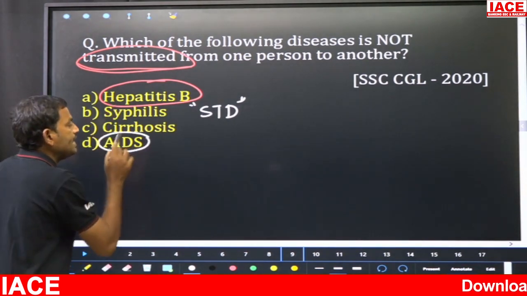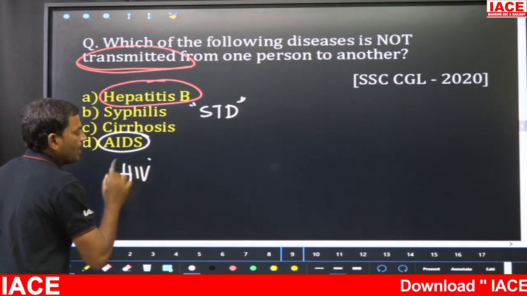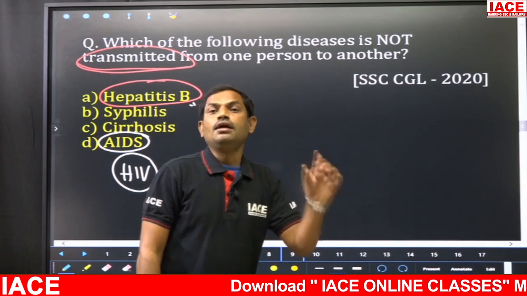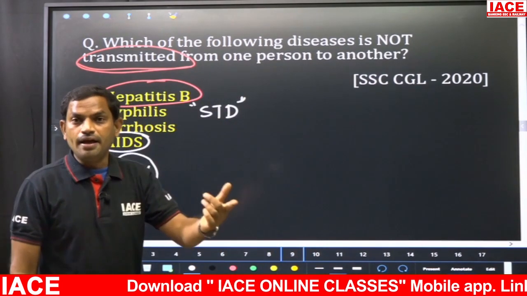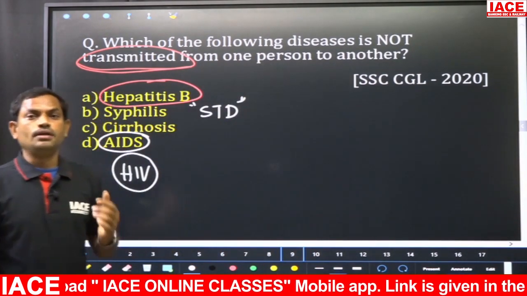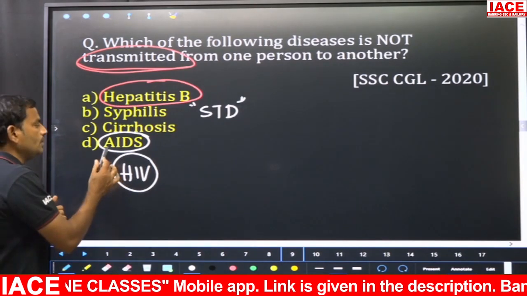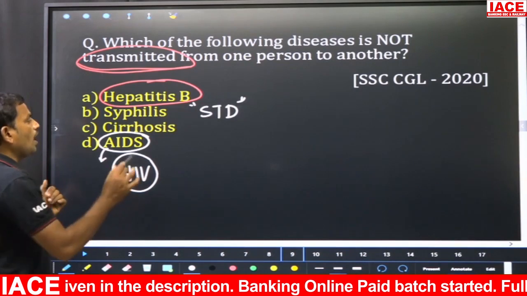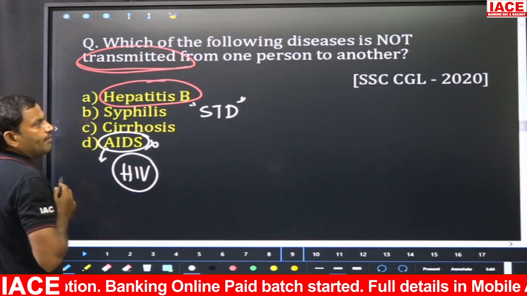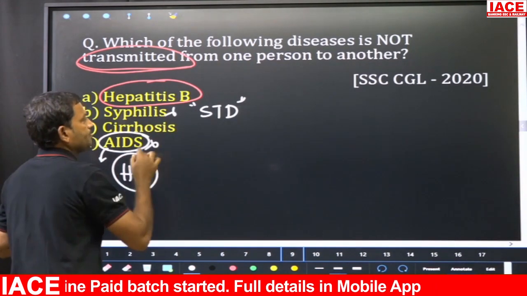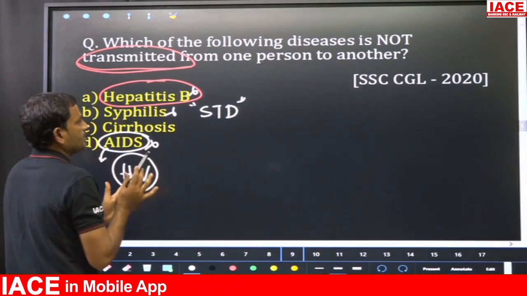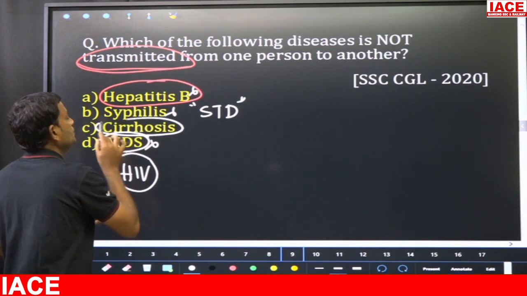Then if you take AIDS, it is caused by the virus called HIV, human immunodeficiency virus, right? And this virus may create weakness in the immune system, and finally it leads to a disease called acquired immunodeficiency syndrome. Clear? Now it can be transmitted. So the disease which is not transmitted is nothing but cirrhosis.